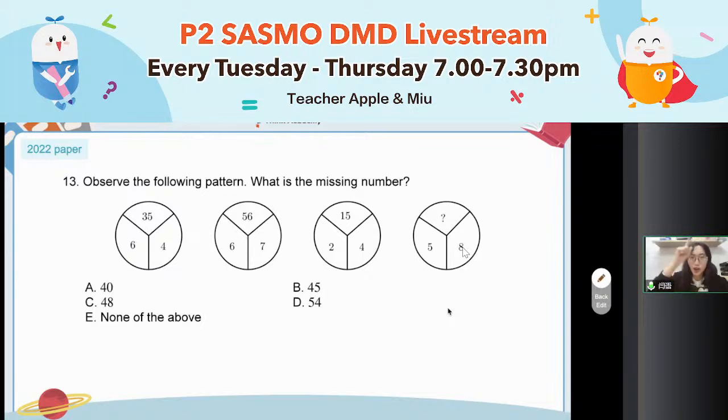How can you get the top number from the two numbers at the bottom? Think about it. 48? No. Do you need some hints?